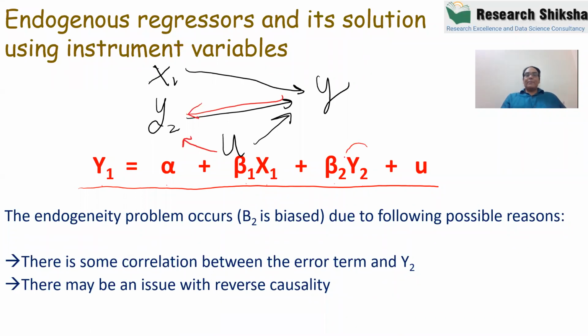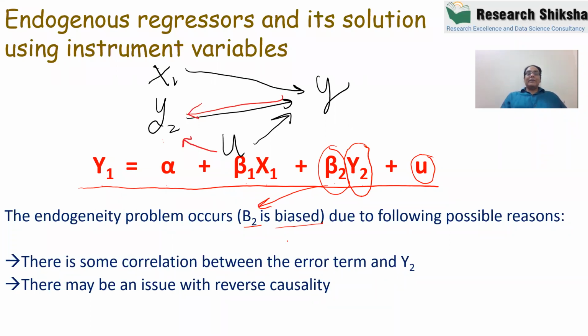I am giving this name y2 because this variable is found to have some relationship with the error term. When one of the independent variables is found to have correlation with the error term, your slope coefficient beta 2 will be a biased beta.